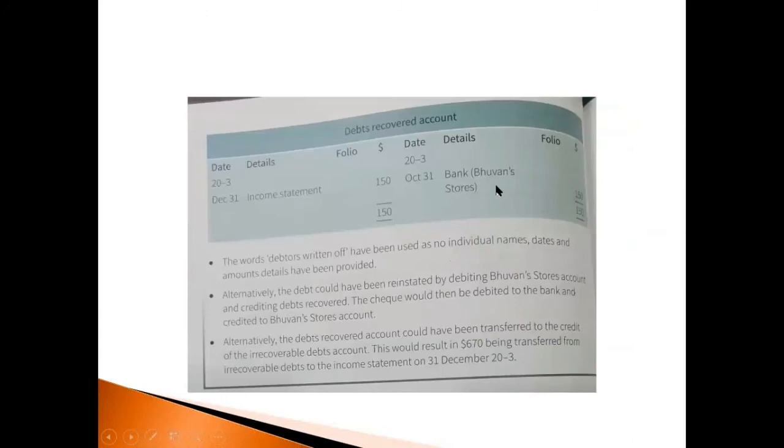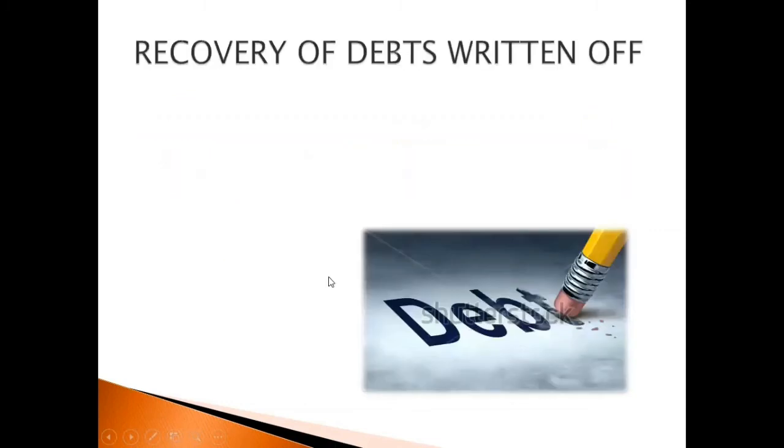So we credit debts recovered account and debit Sachin's bank account. At the end of the financial year, debit debts recovered account with the total amount recovered during the year and transfer to income statement. Okay, just pay attention to this. The words debtors written off have been used as no individual name, date, and amount detail have been provided, which refers to this part.